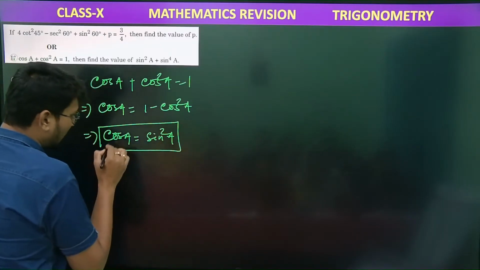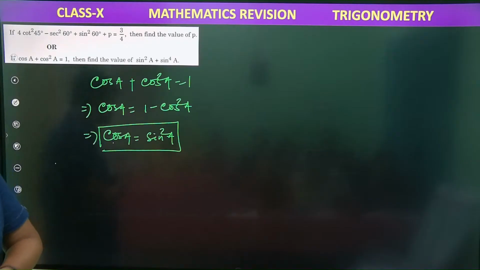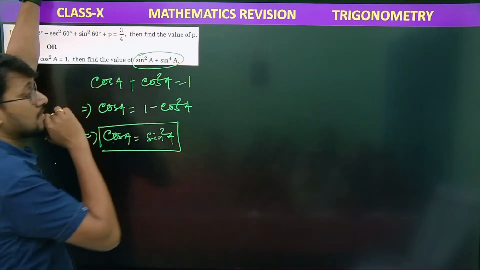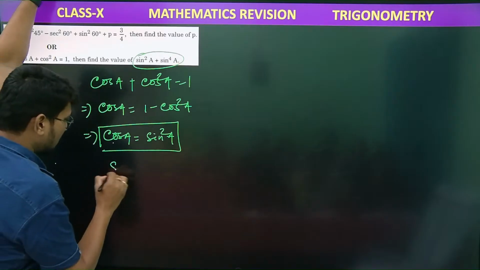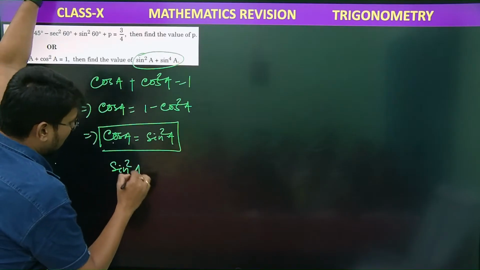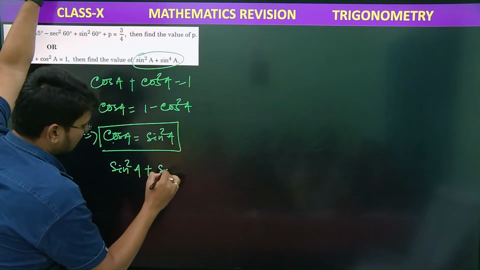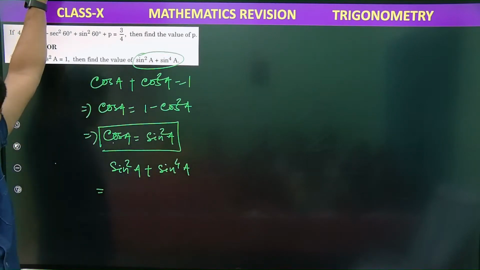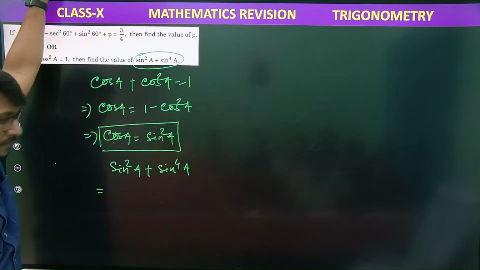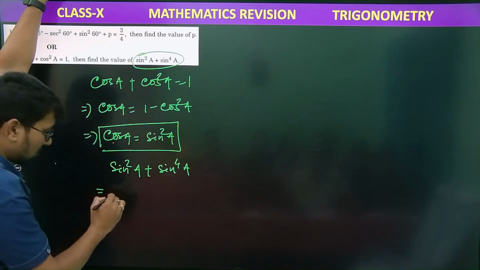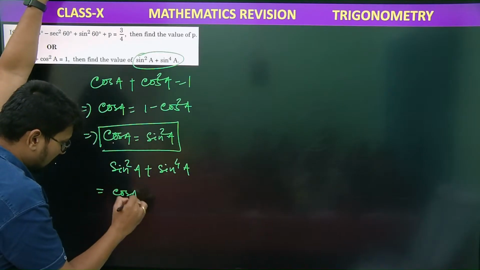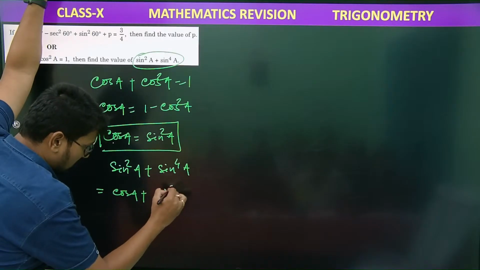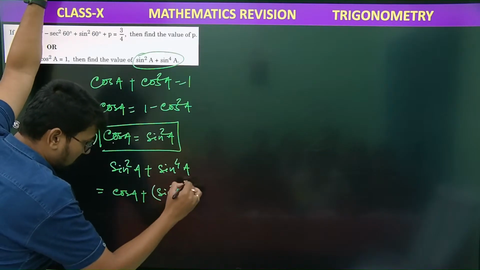We have got the value of cos A. Let us replace it here: sine square A plus sine fourth A. Sine square A is cos A, plus sine fourth A, which you can write as sine square A to the power 2.